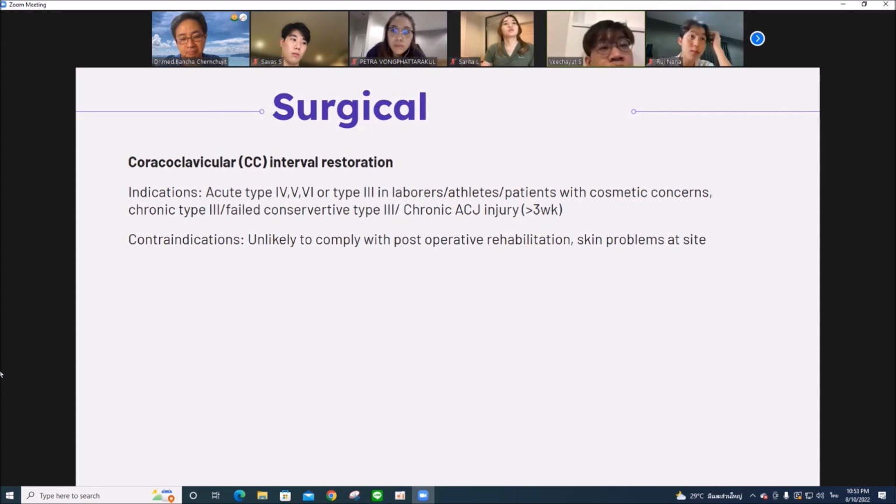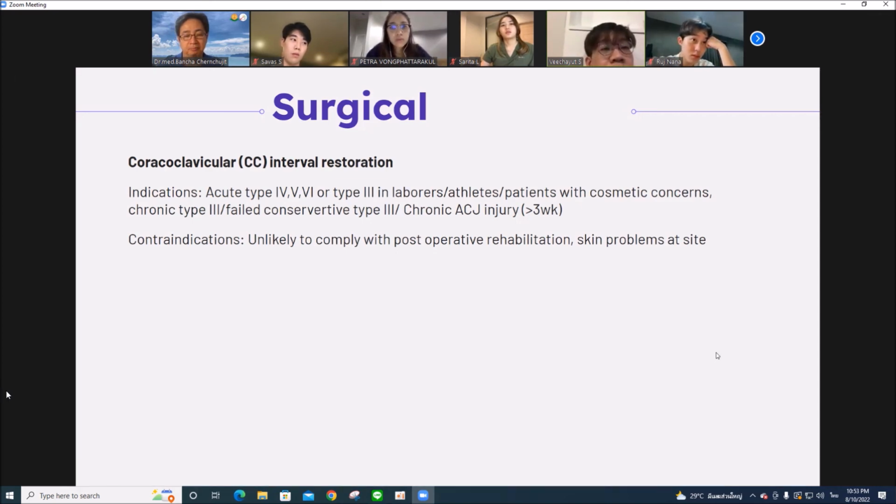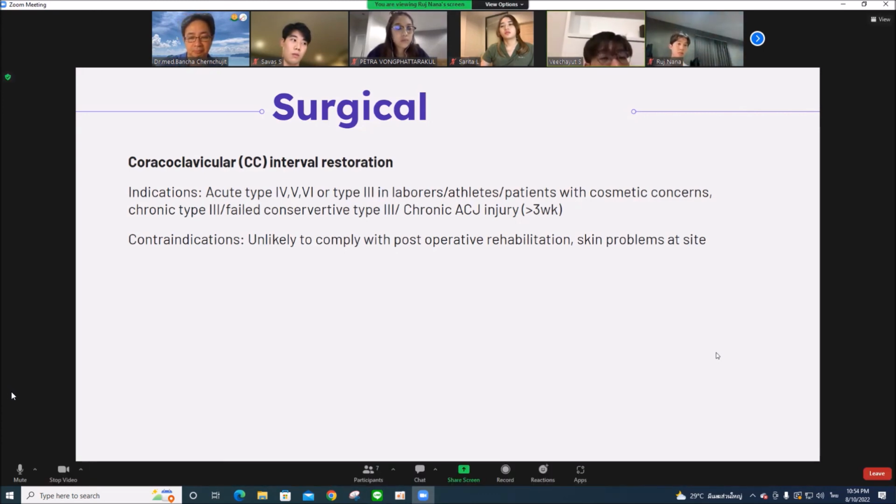The contraindications to treatment are patients with poor compliance to post-op rehabilitation or certain skin problems at the site.